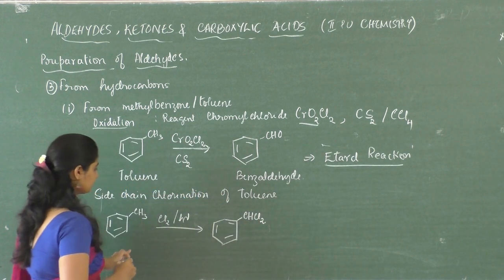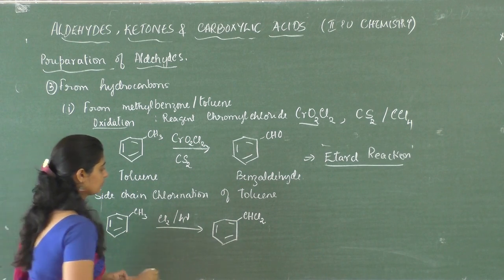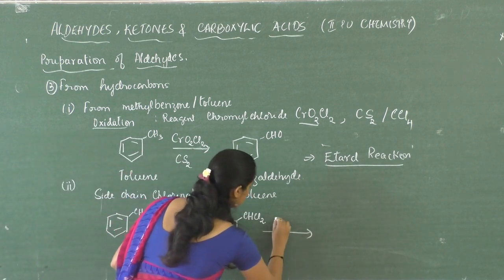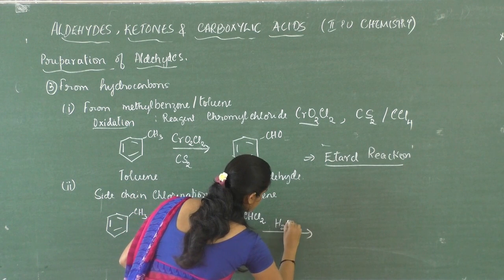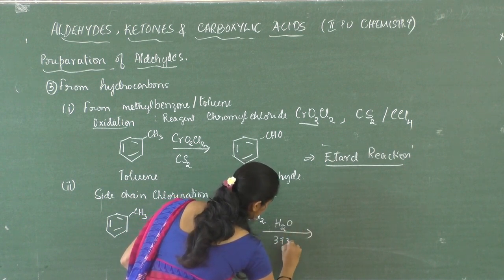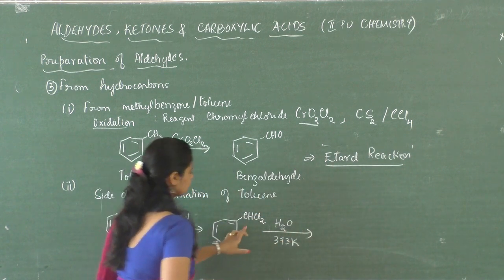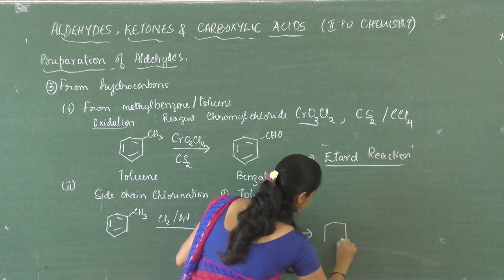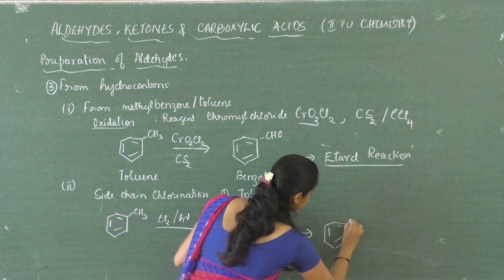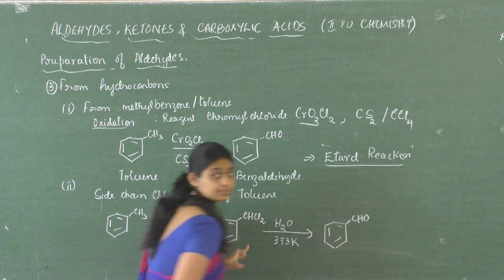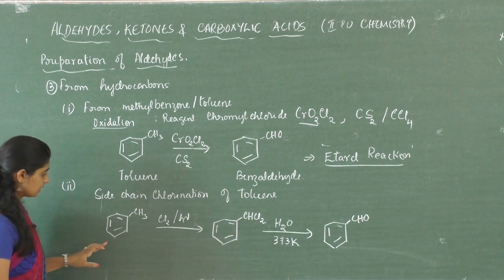So it forms CHCl2, which on hydrolysis at a temperature of 373 Kelvin gives aldehyde as a final product. Hope this is visible.